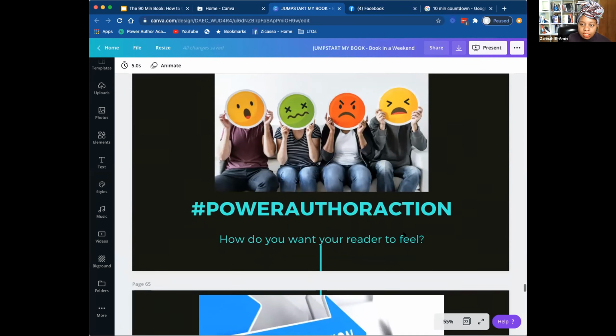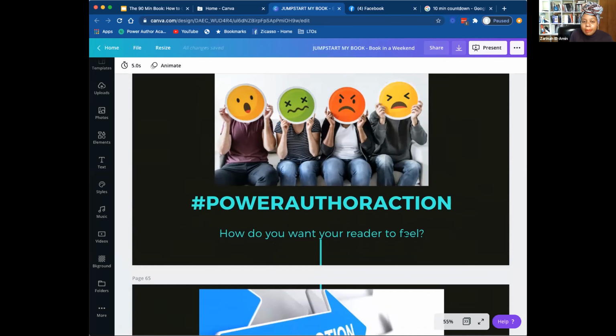And then we're going to go to the next one. We're getting deeper and deeper into the relationship your reader is going to have with your book. And notice we're doing this before you actually finish writing the book for a reason, right?